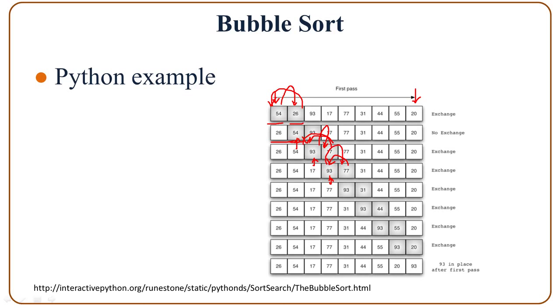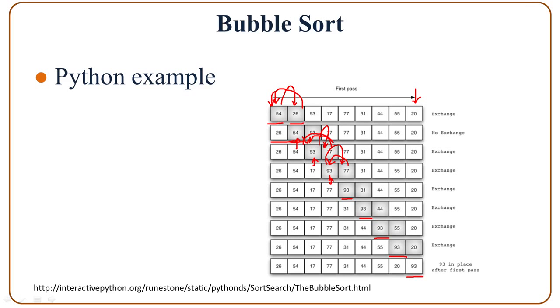So you can see that 93 keeps bubbling up again and again until it is swapped to the last element in the array.